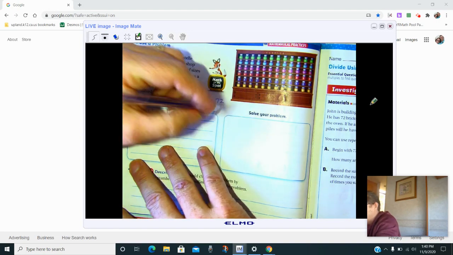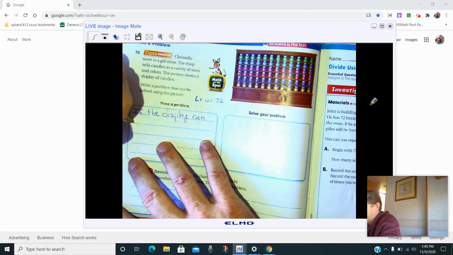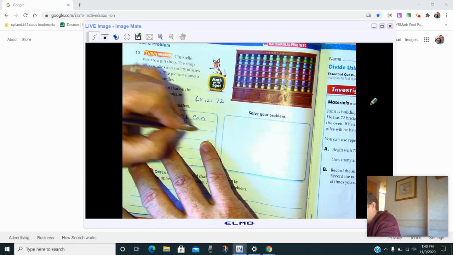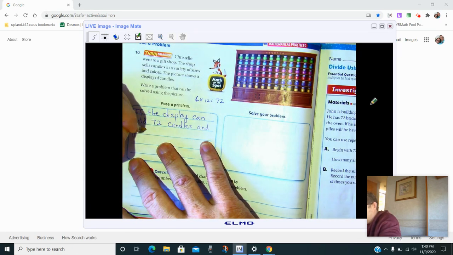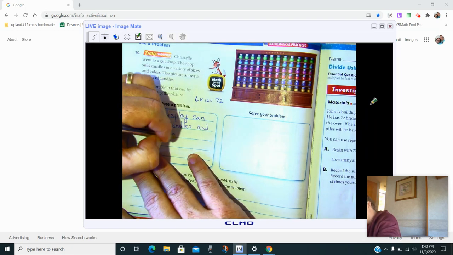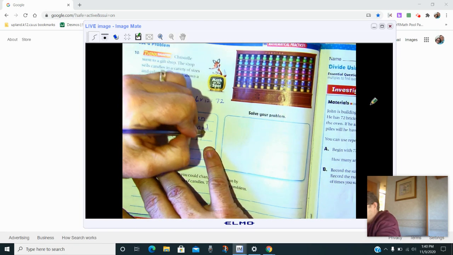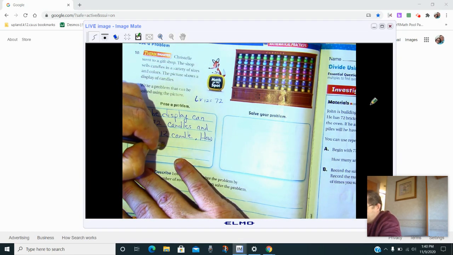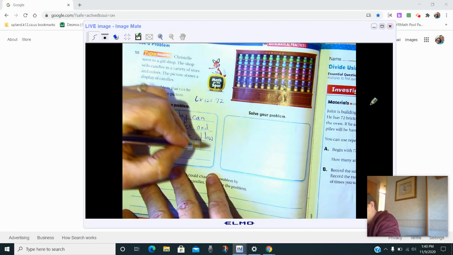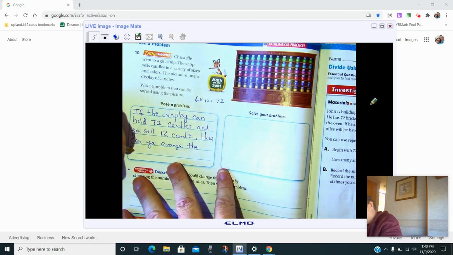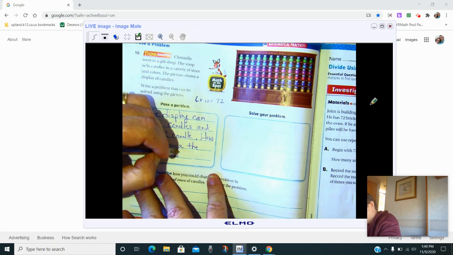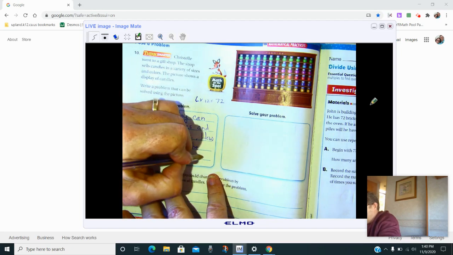If the display can hold 72 candles and you sell 12 candles, how can you arrange the leftover candles in equal rows?